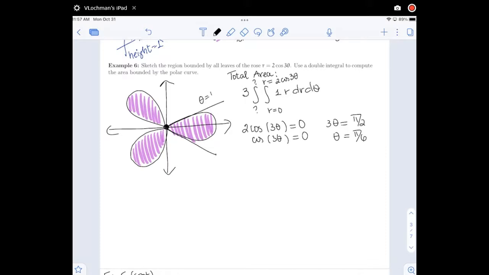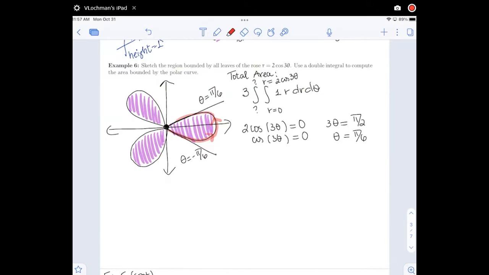That's this angle right here. You can see by symmetry, this one is negative pi over 6. Let me put it in a different location. Negative pi over 6. Okay, so here's our curve. This portion of this curve is going to be generated this way, right? Negative pi over 6. Now notice what I don't pick.